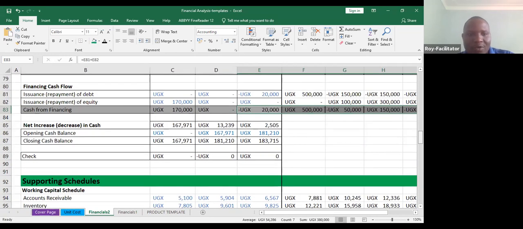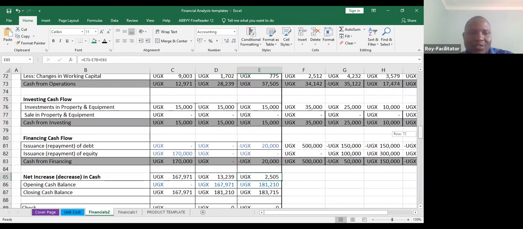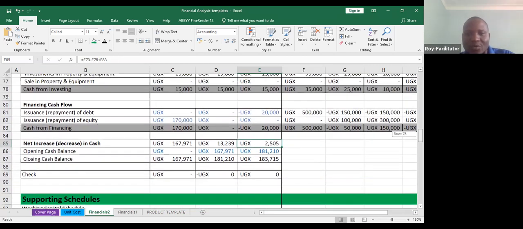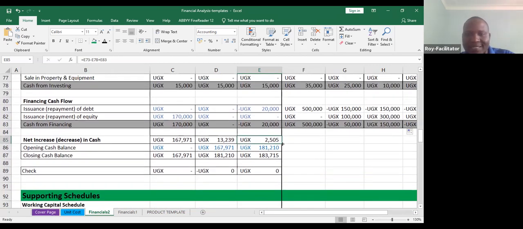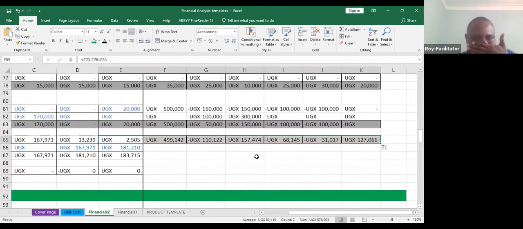Now, what do I do here? So net increase or decrease. So here I'll just add it adds the three levels: the cash from operations, cash from investing, and cash from financing. And so the formula is already here. So I'll just extend it. Okay, that's the net.